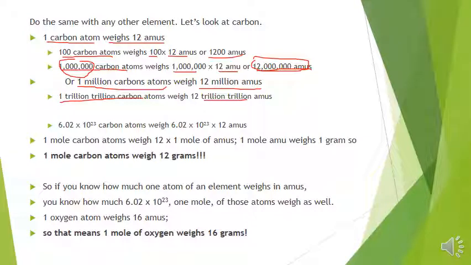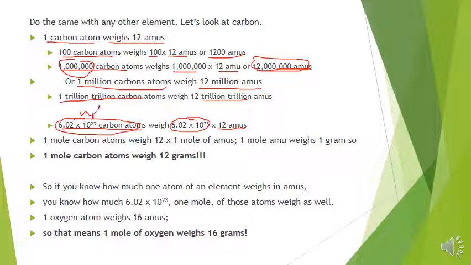And then we can make it even more. If I have 6.02 times 10 to the 23rd carbon atoms, each of them weighs 12, and I have 6.02 times 10 to the 23rd of them. Let's replace this number with the word mole.